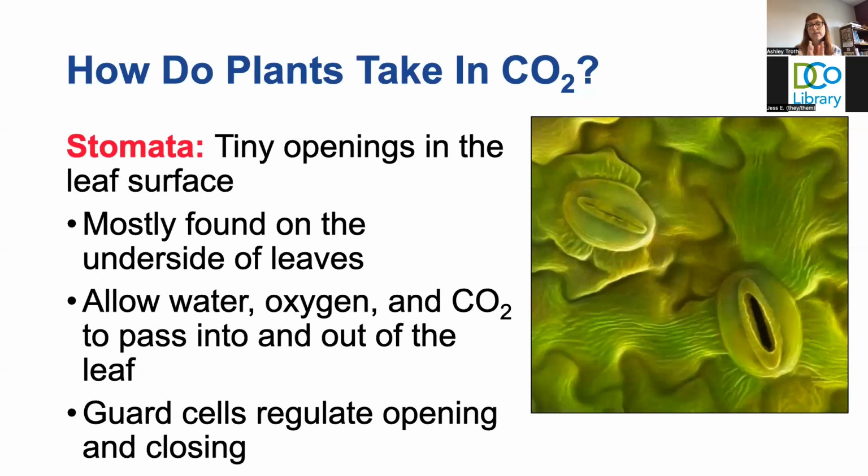So if it's really dry and if it's really hot, and if you're worried about losing too much water as a little plant, you can close up your stomata. You're not going to keep losing water, but you also can't take in carbon dioxide. Okay, so remember, you need carbon dioxide and water to create energy, but now you can no longer take in carbon dioxide if it's getting too hot out.